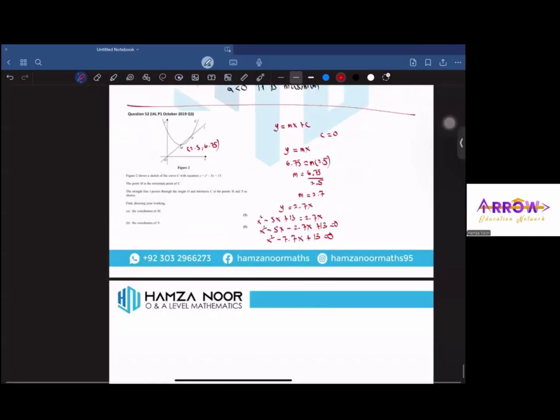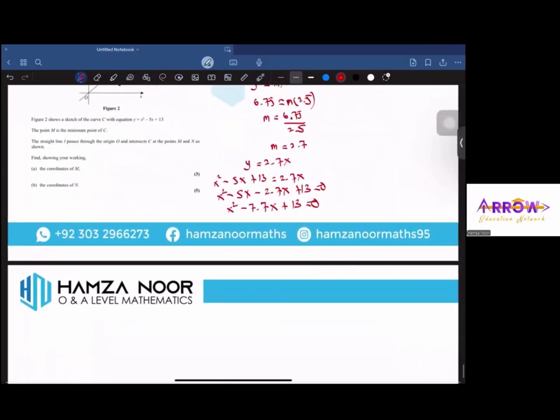So far we have achieved this, and now we can use the quadratic formula over here as well. So x equals minus b plus minus the square root of b squared minus 4ac, completely divided by 2 times a.